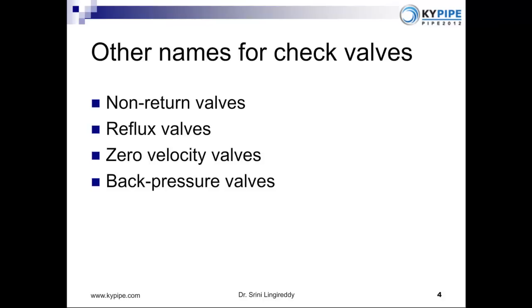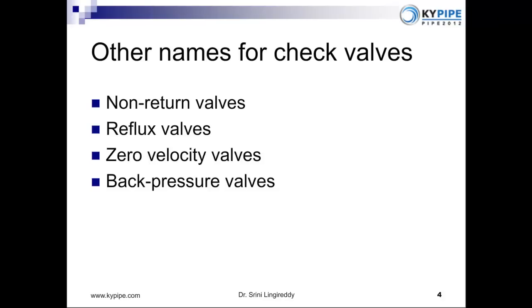If that reverse flow is not prevented, it may potentially damage the pump, motors, etc., and also drain the pipeline. Filling of the pipeline is a very tedious process, and you don't want to keep draining the pipeline. That's the main purpose of the check valve.